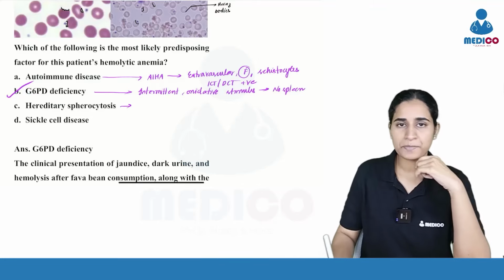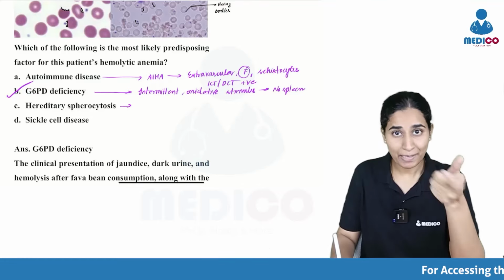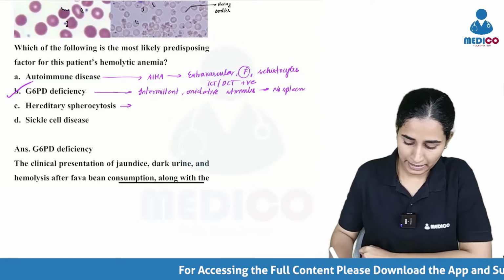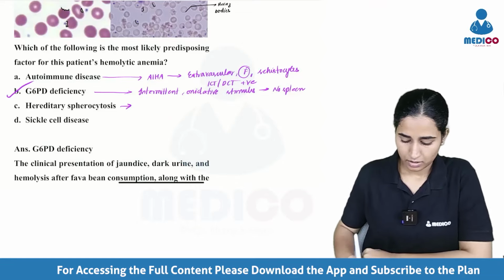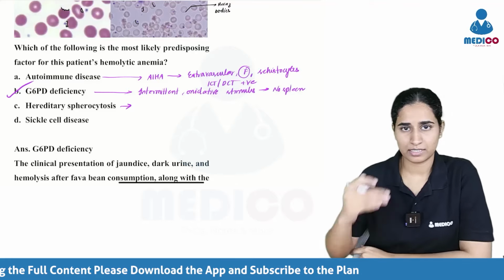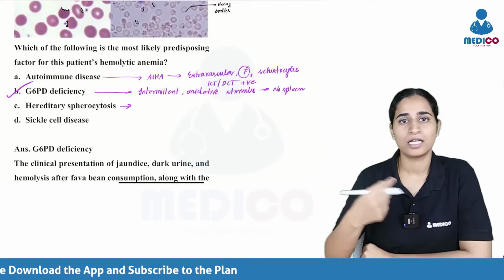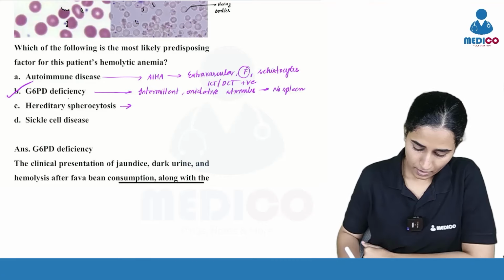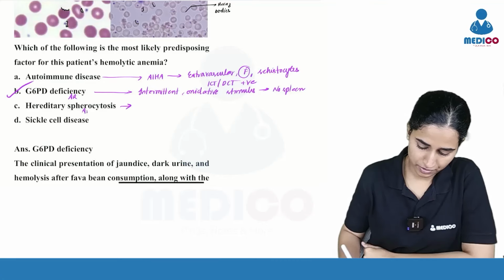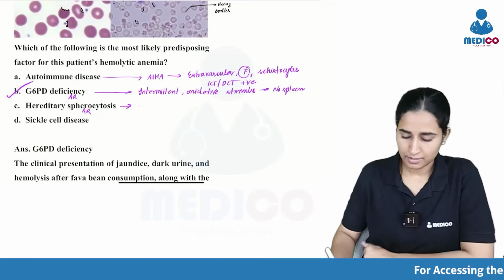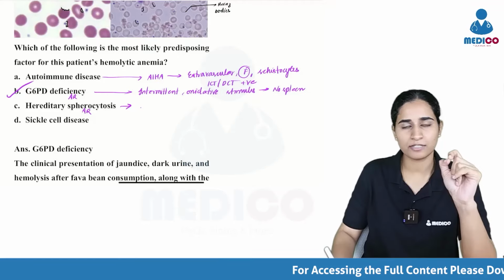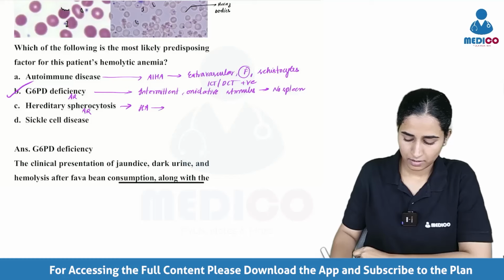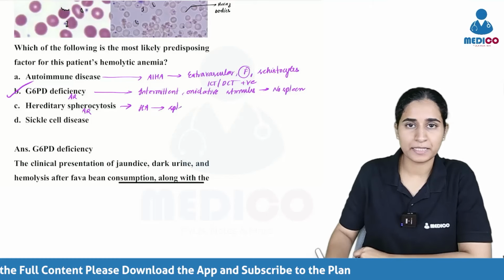Whereas hereditary spherocytosis is an RBC membrane disorder because of the defect of ankyrin followed by band 3. It's a hereditary condition where the RBCs are assuming a shape of spherocyte. They are all autosomal recessive conditions. Here, this patient from childhood itself is having hemolytic anemia, and there is massive splenomegaly here.